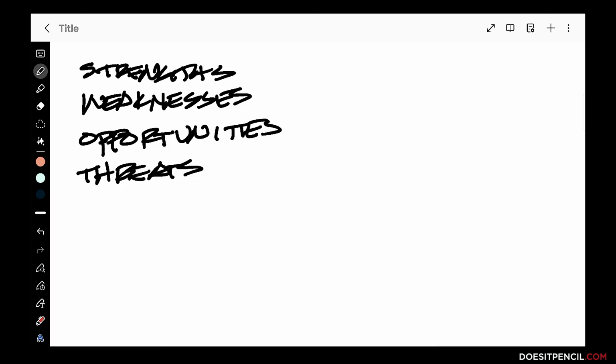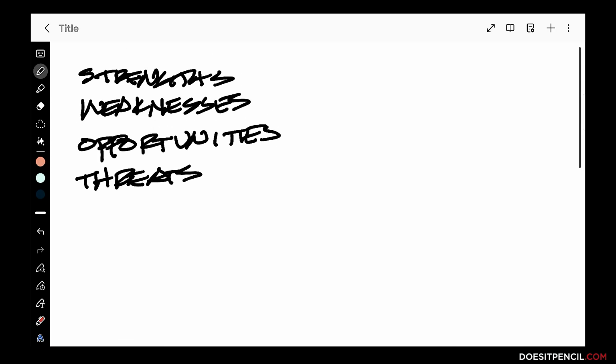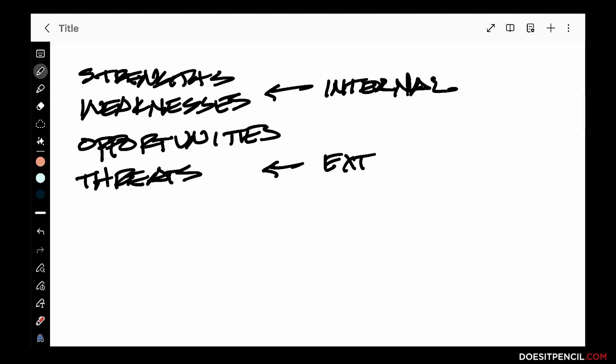All right, the first thing about SWOT to understand, the first big element, is that two of them are internal and two of them are external. The internals are the strengths and weaknesses, and the externals are obviously the opportunities and the threats.